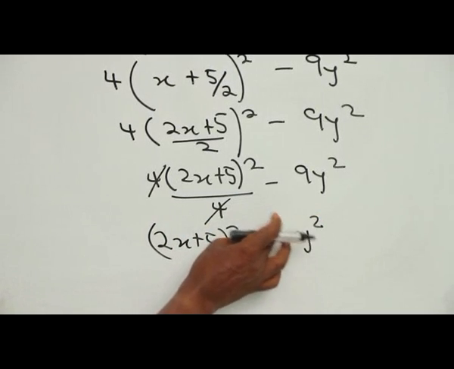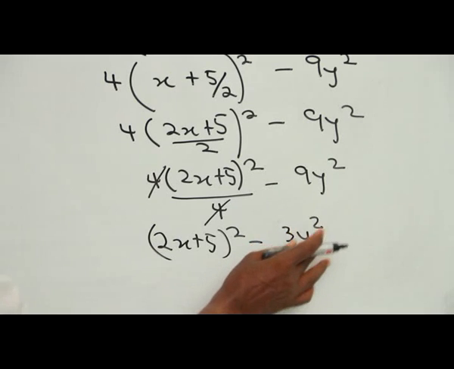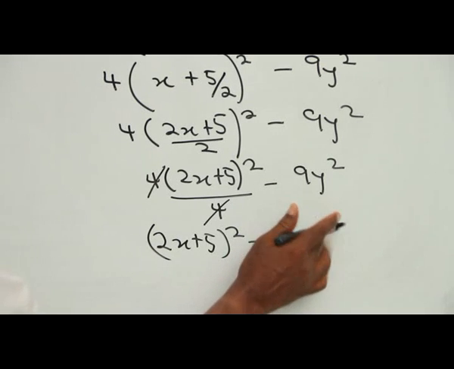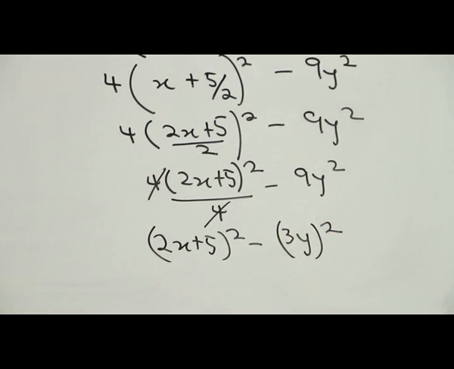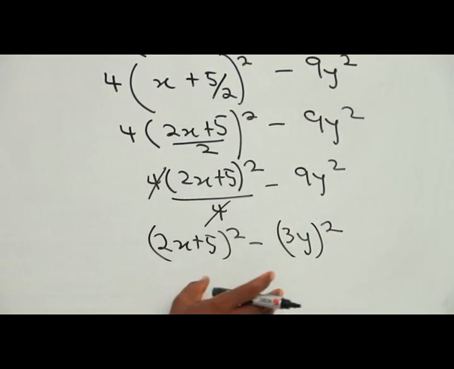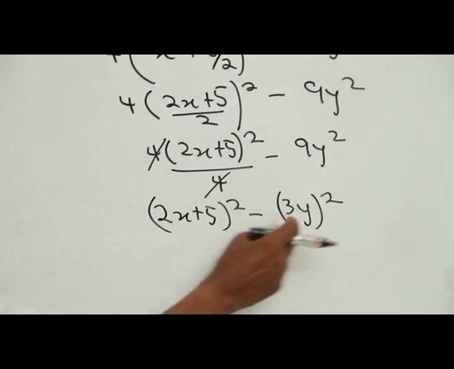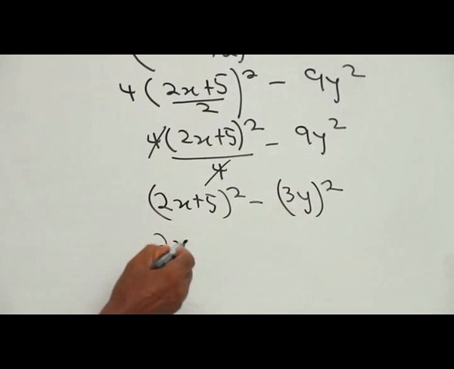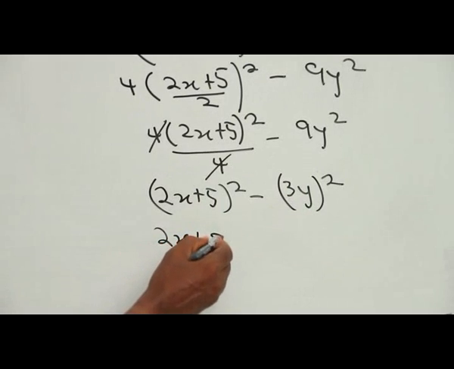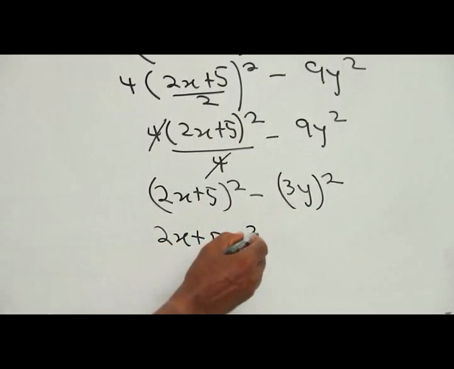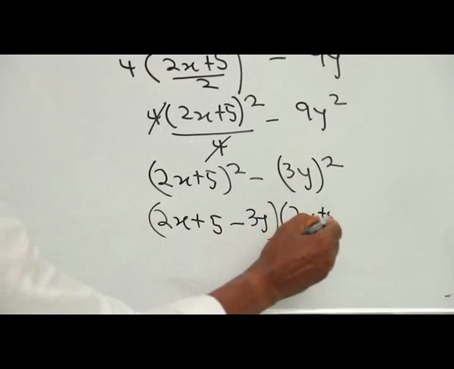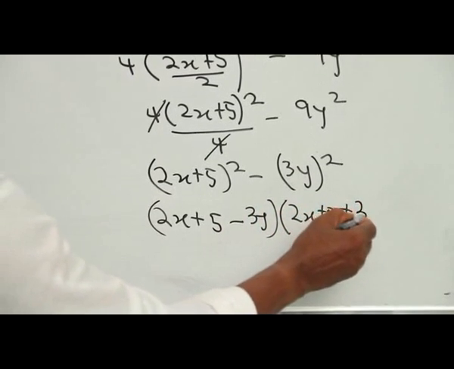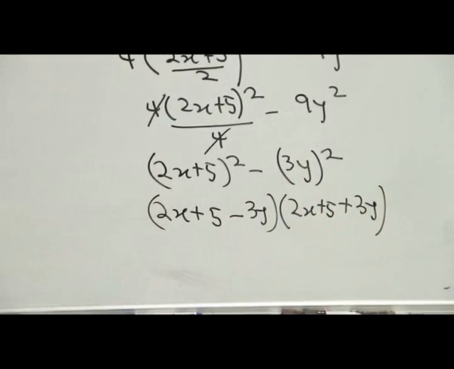And this 9 can be written as 3 squared, therefore everything here becomes (3y) whole squared. So we have been able to put it as a difference of two squares. The final answer therefore is (2s plus 5 minus 3y) into (2s plus 5 plus 3y), applying the difference of two squares.